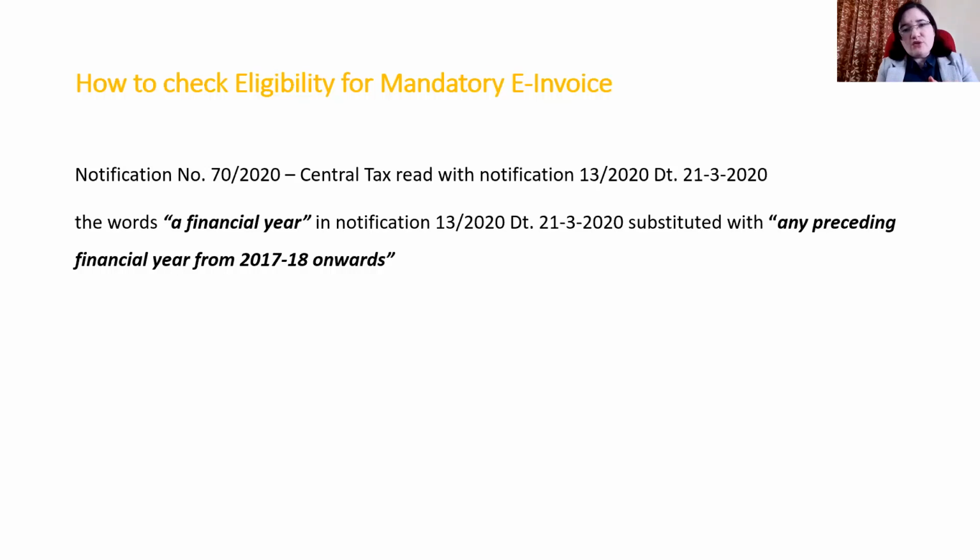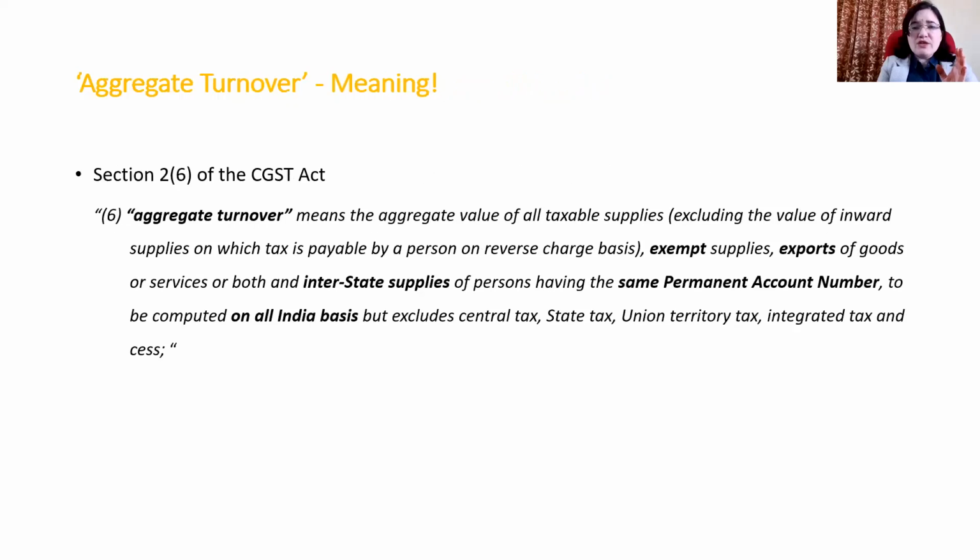Now the third question that could be in your mind is: what is the turnover? Whether my exempt turnover is going to be included for computation of 100 crore, and whether I have to compute it for all my businesses. For this question, you have to refer to the definition of aggregate turnover. The term used is aggregate turnover, and it is defined under section 2(6).